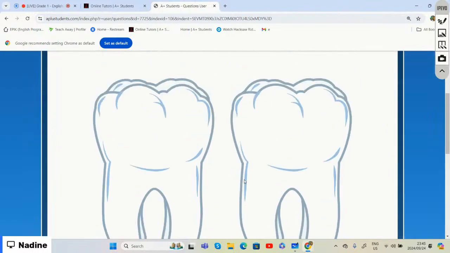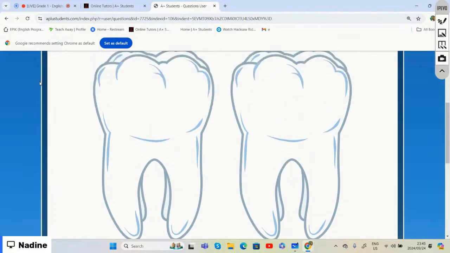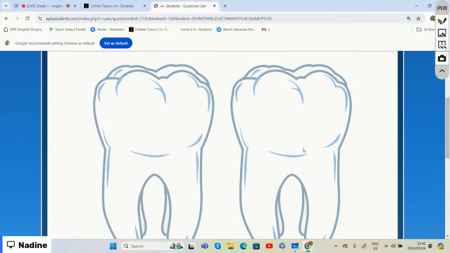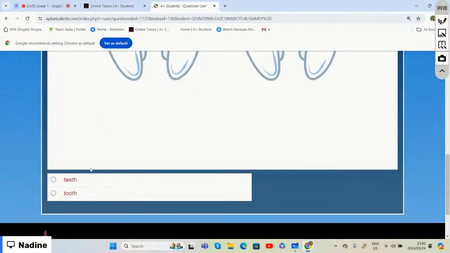All right, look at this. Here we have these little buggers that we have in our mouth. There's two. One, two. Look at that. Do we say it's two teeth or two tooth? Which one is correct?